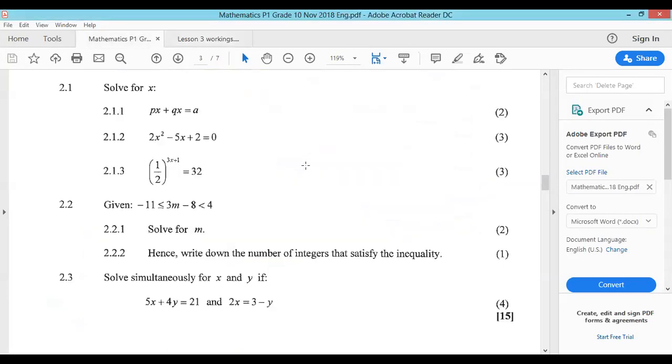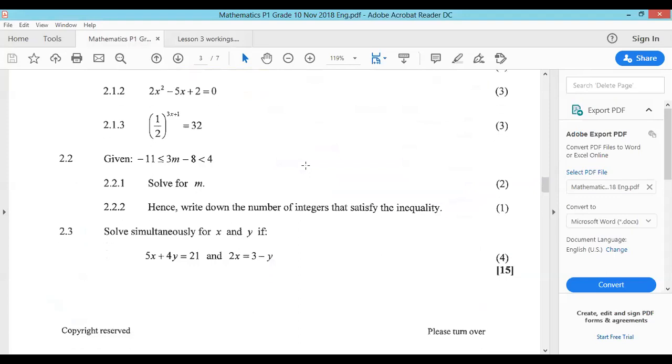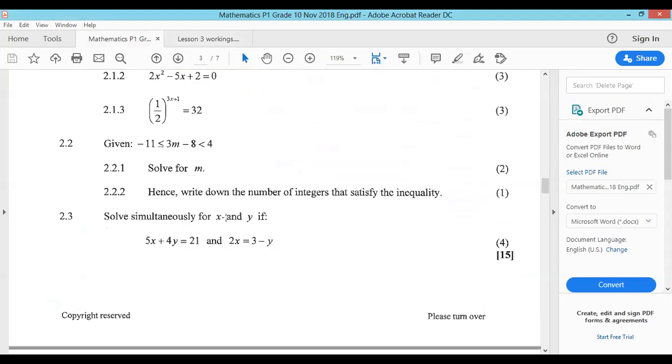Okay, let's look at the last one. Solve simultaneously for X and Y. What does it mean, guys?